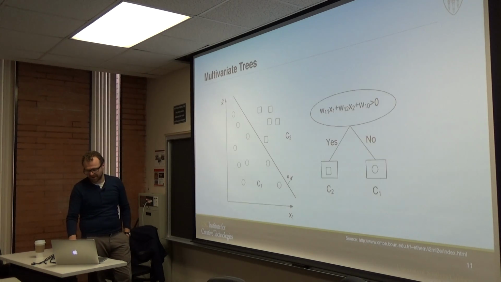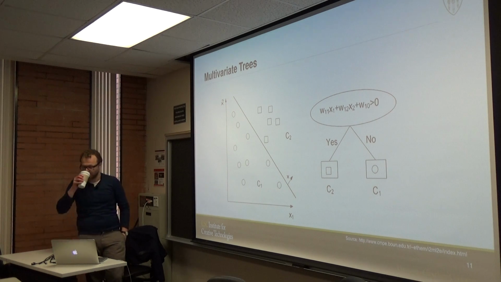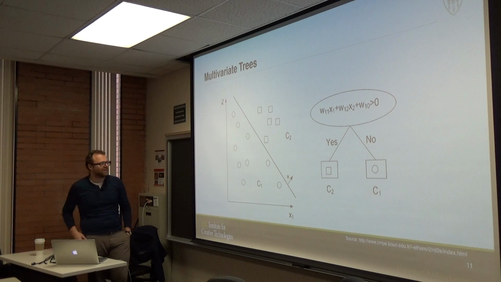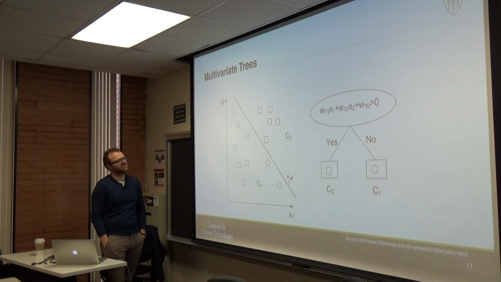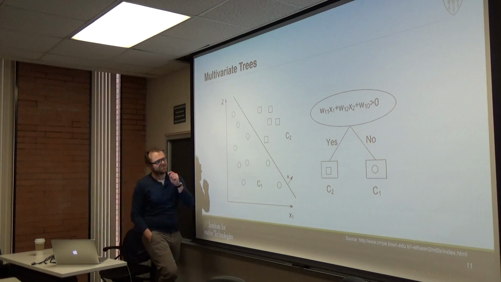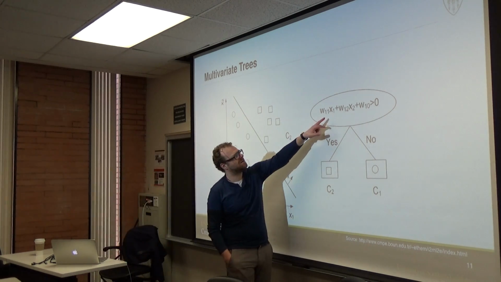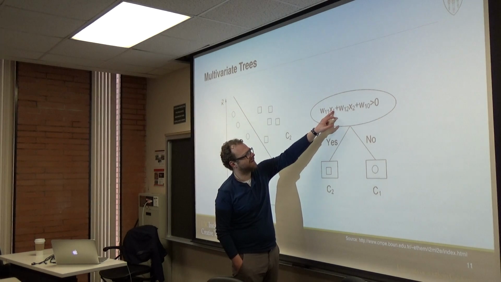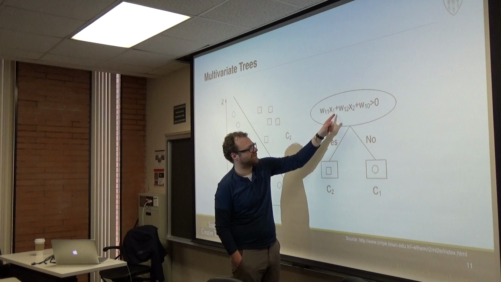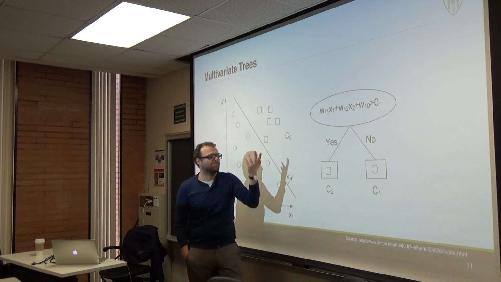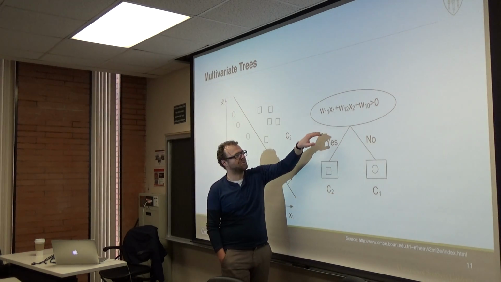Alright, and then we had briefly discussed that we can also come up with more complex solutions, or multivariate trees, where you're not restricted to using just one dimension of your input vector in the decision, but you're allowed to use two of them or multiple, however many you want.